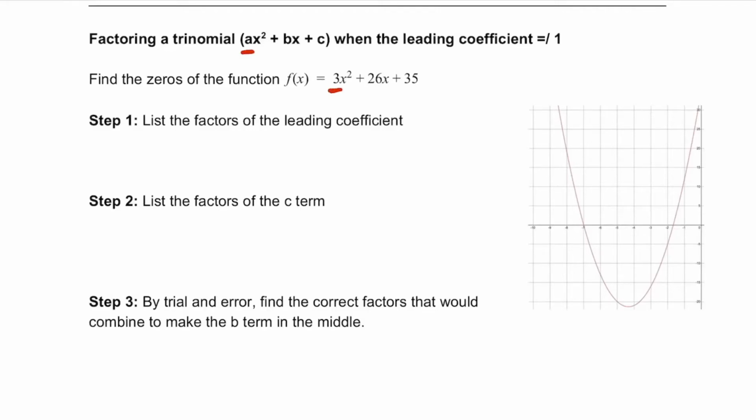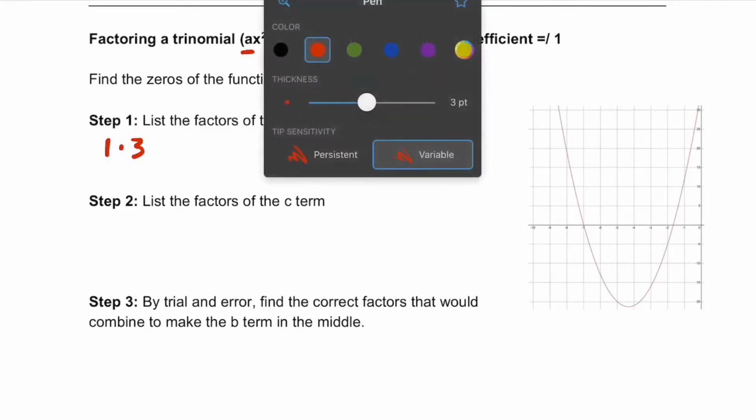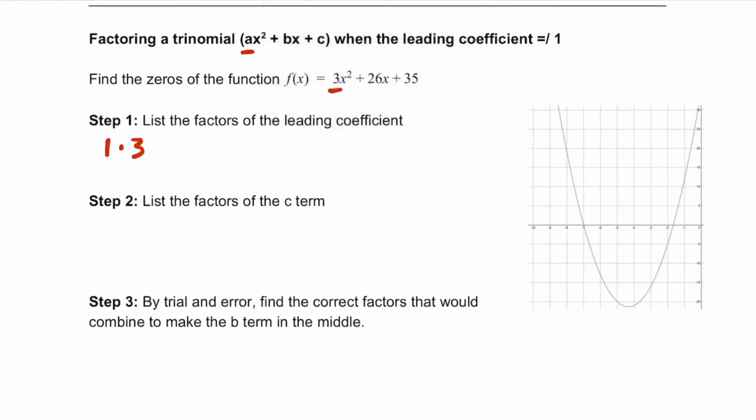So the factors of the leading coefficient, well, 3x squared, the only thing that can be is 1 times 3. So this is like the base level. 3 is a prime number. Its only factors are 1 and 3. Then we'd think about 35. 35, our c term, could be 1 times 35, or it could be 7 times 5.